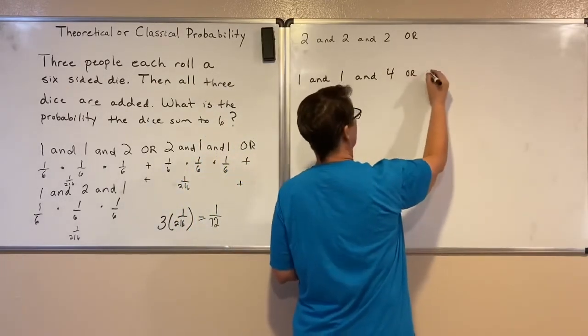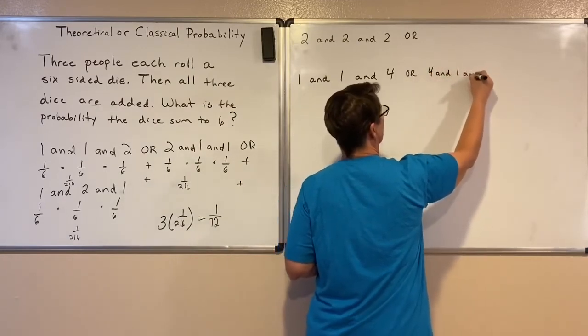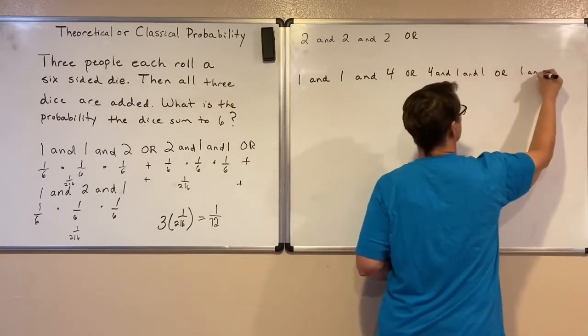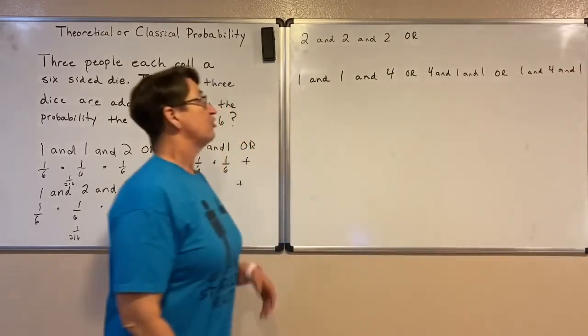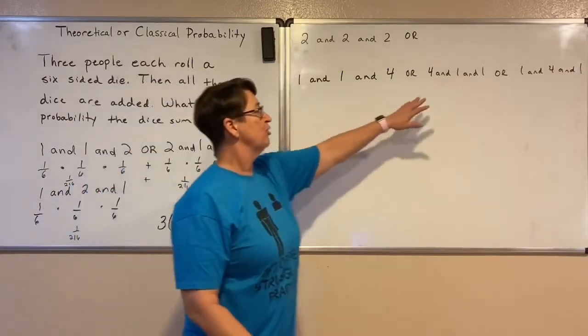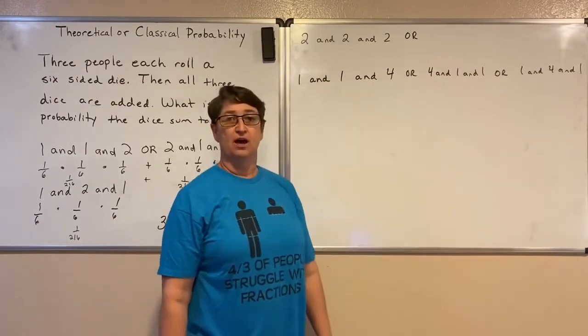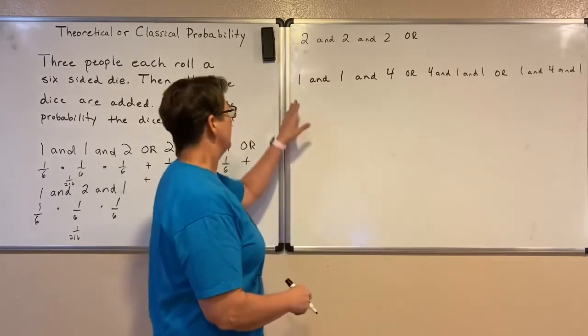So that's 1, but then the first person could, or the second person could. So far we have 1, 2, 3, 4 different ways for us to get a sum of 6. Then what about here?